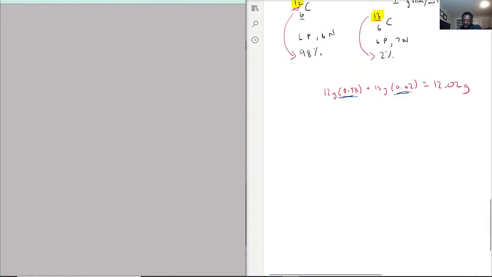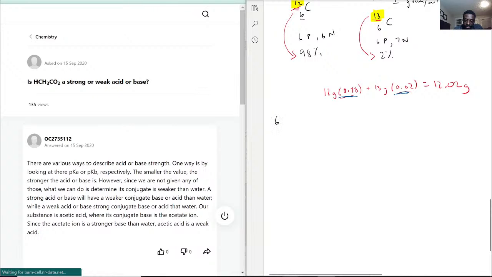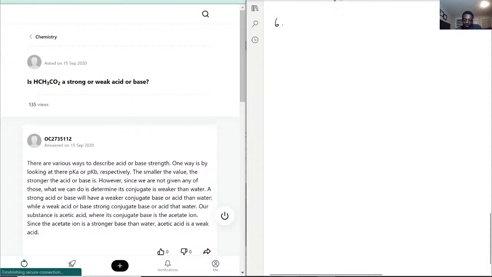Now let's move on to question 6. So now this one's asking, is HCH3CO2 a strong or weak acid or base? That's actually a great question. So we have CH3COOH.